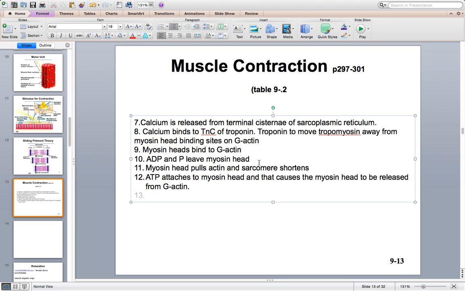When it's released, the tropomyosin can cover those G-actins again.